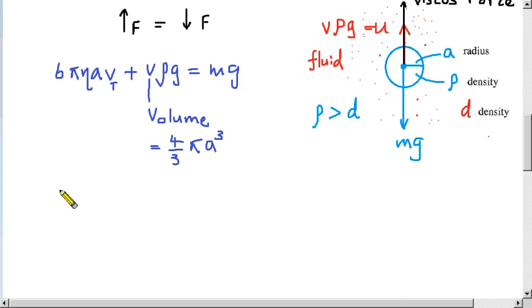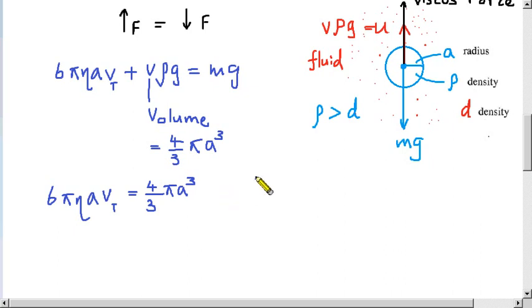So we can substitute it in: 6 π η a terminal velocity equals this thing, 4/3 π a cubed, then ρ, not ρ.